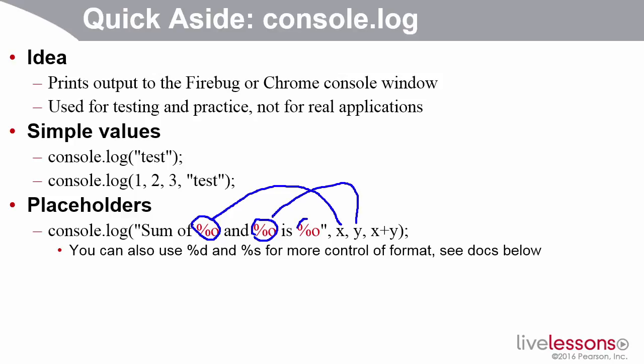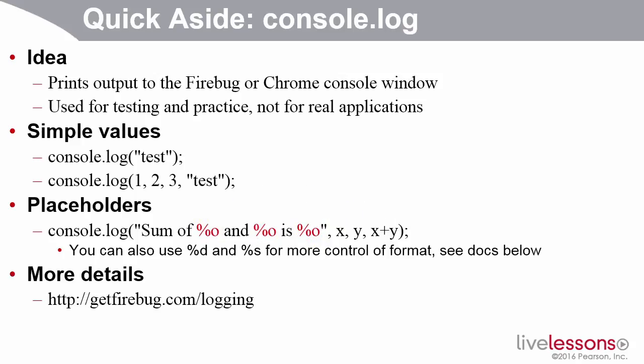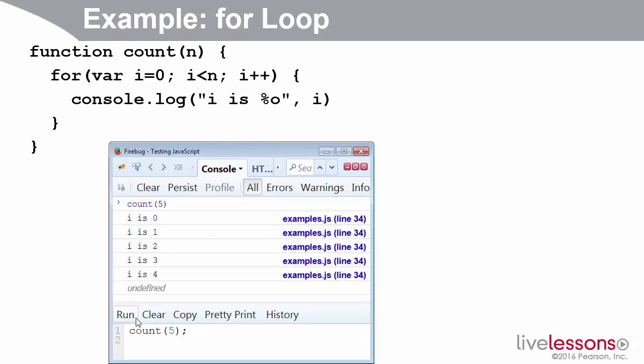And the third use of %o, the third value after the string gets inserted in at runtime. And you can see a lot more details on what you can use console.log for in the online documentation, but the basic usage is pretty simple. Supply a simple value and it just outputs it. Supply a string that has some %o placeholders and some values to go in for the placeholders, and it outputs it as well.